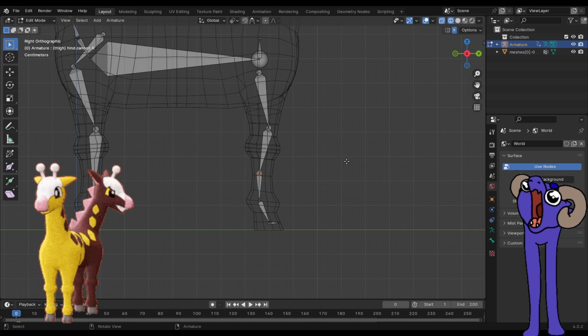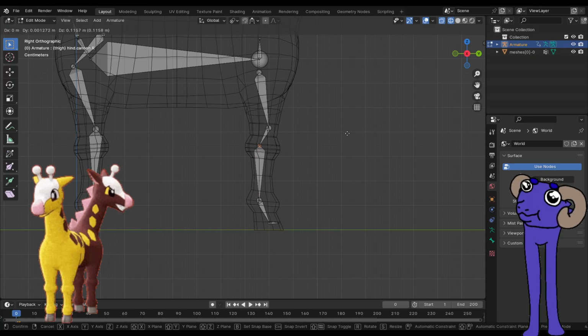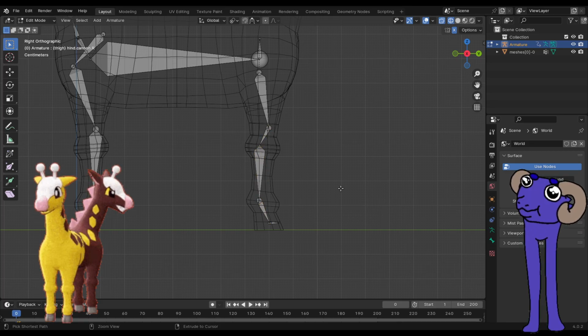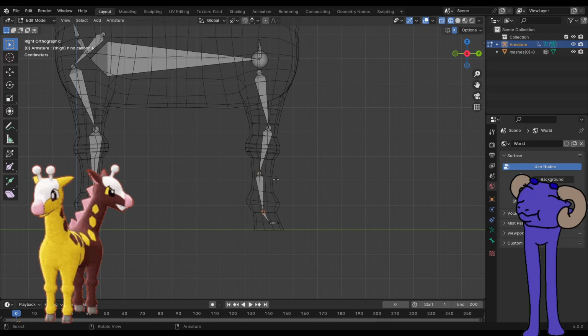Wait, is there more bones on the back leg? There is more bones on the back leg. Oh, you know what?